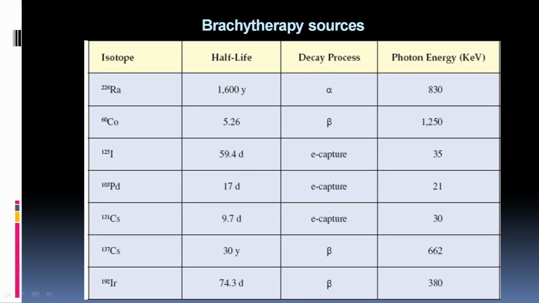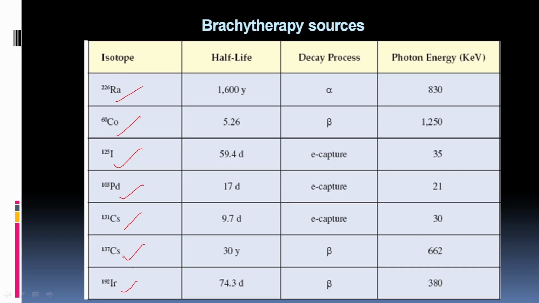Now, these are the brachytherapy sources that we have listed: radium 226, cobalt 60, iodine 125, palladium, cesium 131, cesium 137, and iridium 192.